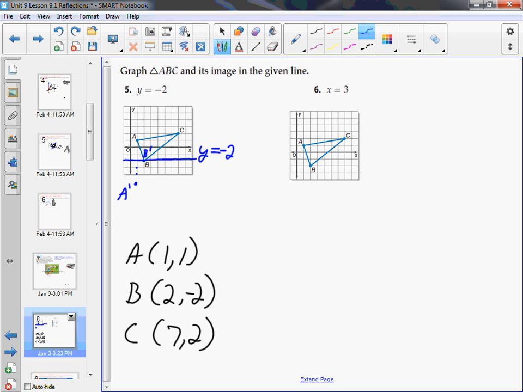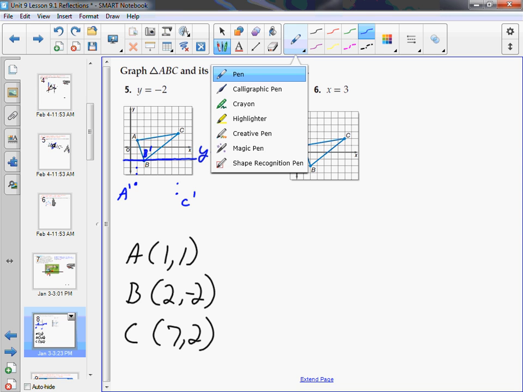C is 1, 2, 3, 4 spaces above the line, so C prime goes 1, 2, 3, 4 spaces below the line.